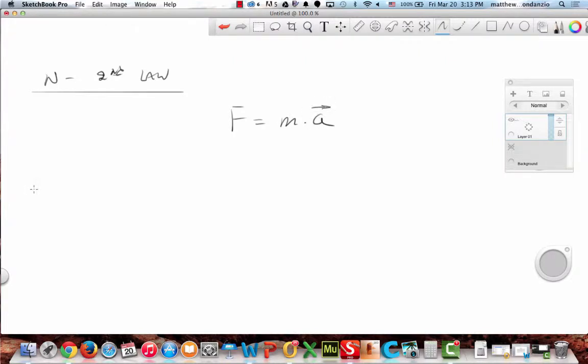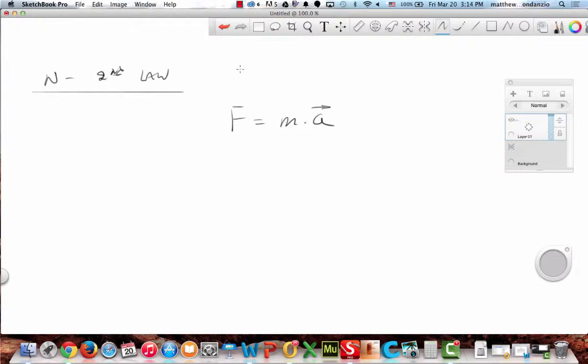Okay? Mass. What is mass? Well, it's not weight, the force of gravity. It's not necessarily how much gravity affects the object. It's the amount of stuff I have, the amount of matter. Not the density, not how much space the matter takes up, but the amount of matter that I have.